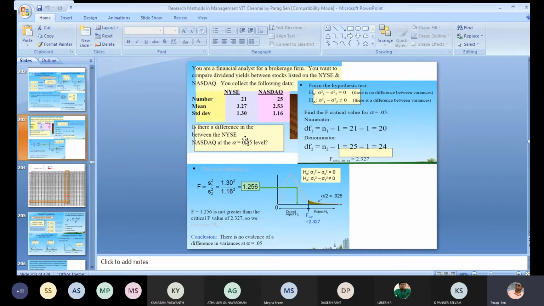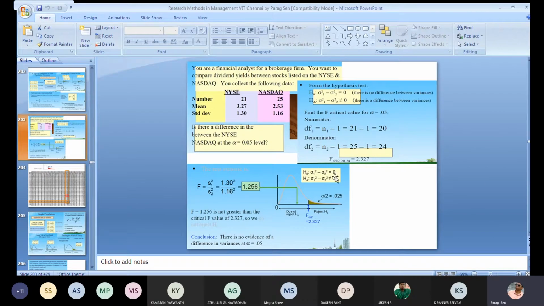So your confidence level has to be at least 95%. But if your p-value is 0.07, then 1 minus 0.07 gives you 0.93. So you will be getting a 93% confidence level, but you require 95%, which is not confident enough.